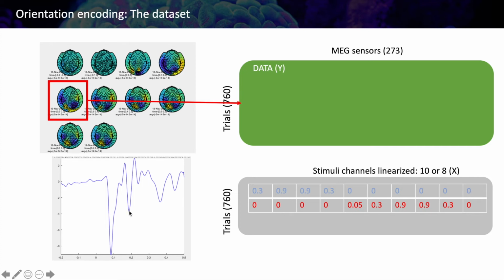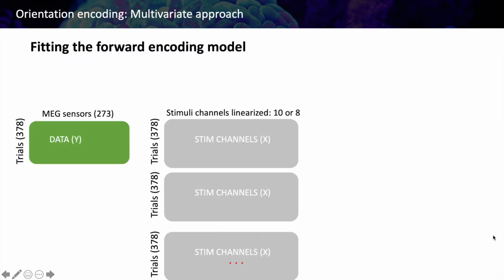This is the part from where we are going to analyze the data, and the data consists of 760 trials and 273 MEG sensors. Then we have our stimuli transformed to regressors after the linearization, and we can start fitting a forward encoding model.